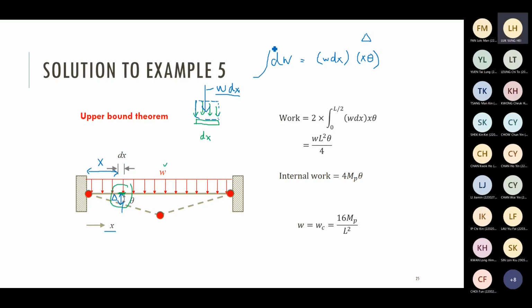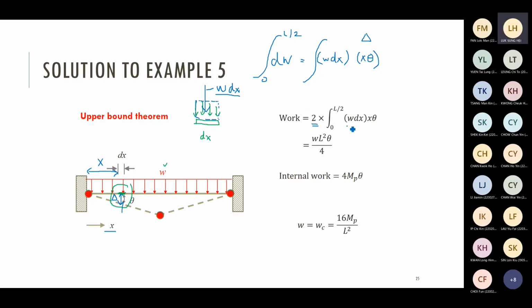You can integrate the whole thing from 0 to the middle of the beam. We consider 1/2 of the portions and then double the value. It becomes the total work done of the system. Okay?